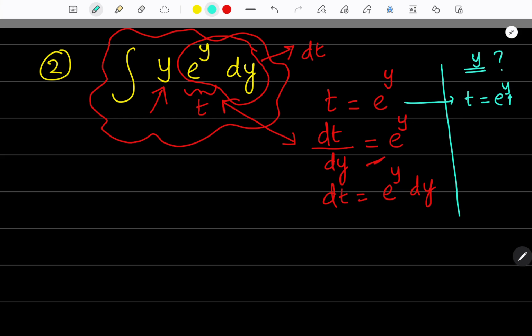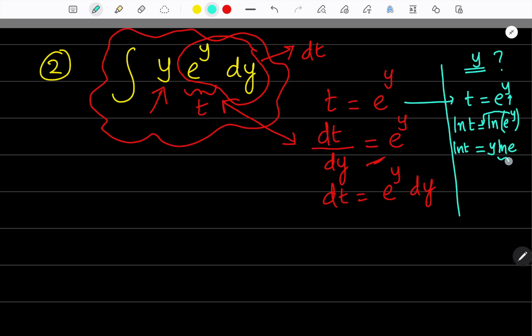To get out of e, what will you do? You will take ln on both sides. ln t is equal to ln e power y, right? So using the logarithmic rule, what will happen? This y will come down. The name of the rule is the power rule. So y ln e, which is equal to ln t, right?